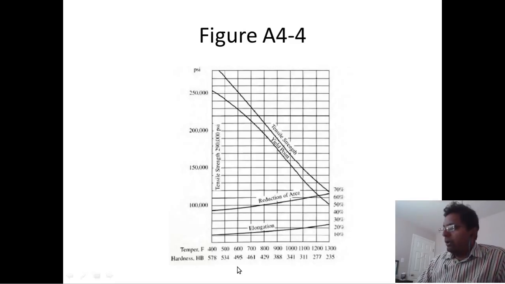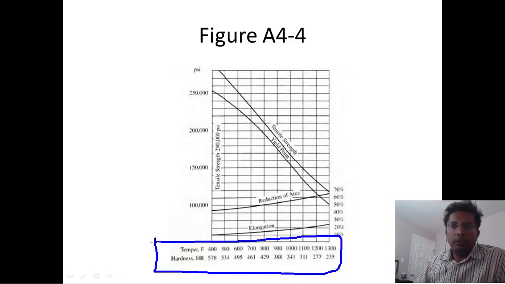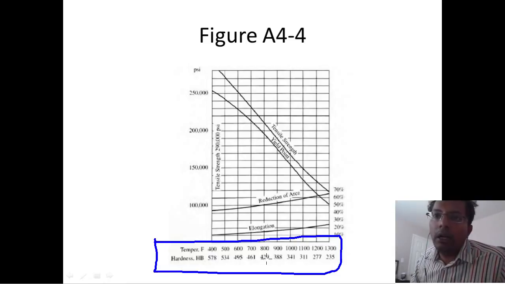Keep in mind we're going to look at the bottom over here to relate the hardness to the temperature. The hardness we wanted was 333. 300 is you're going to be going over here. So this is 340. So it's between 341 and 310.